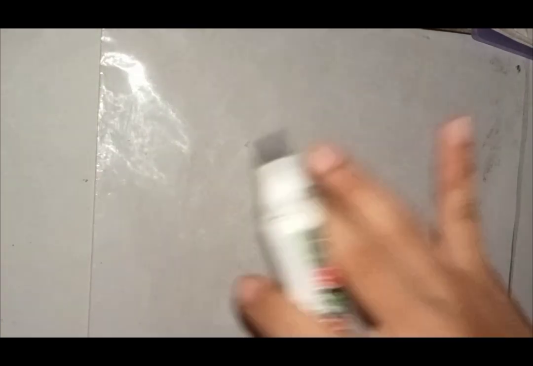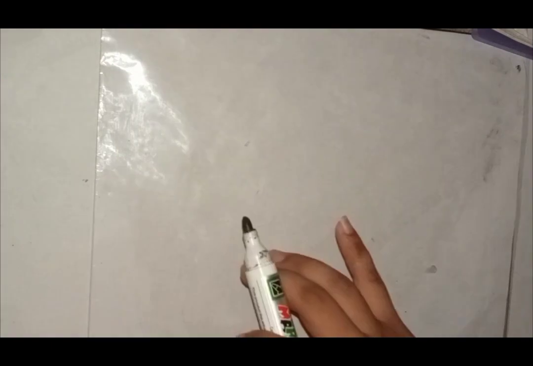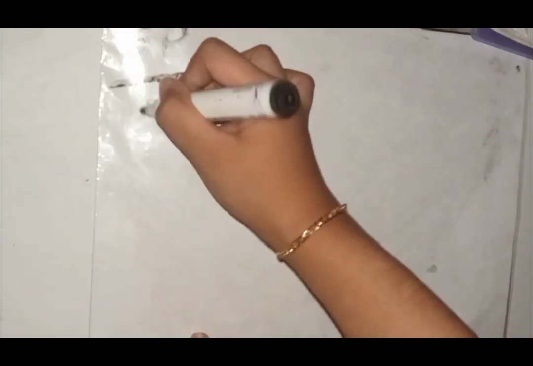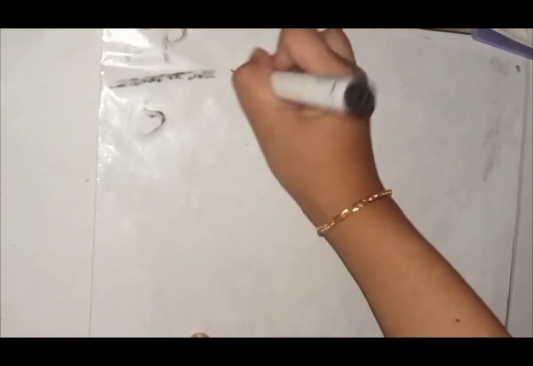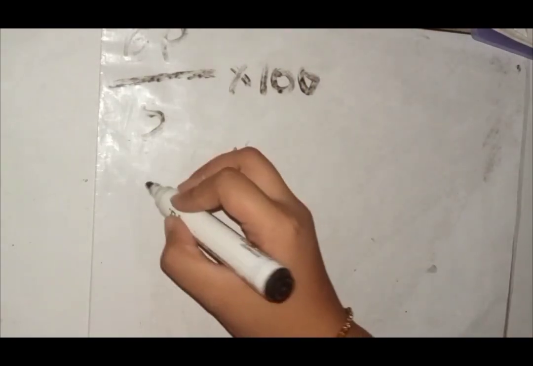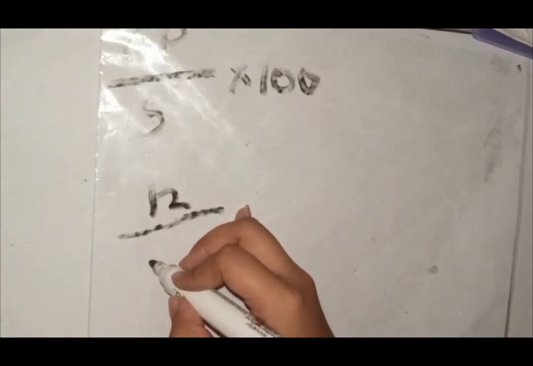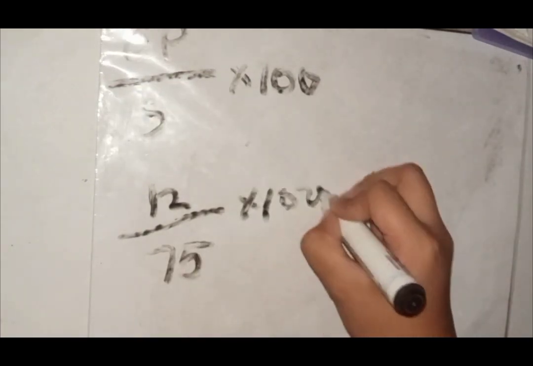Hanapin naman natin yung gross profit margin. So, GP over the sales times 100. So, ano ba yung gross profit ng yogurt milk? Ito ay 12 over 75 na sales revenue times 100.